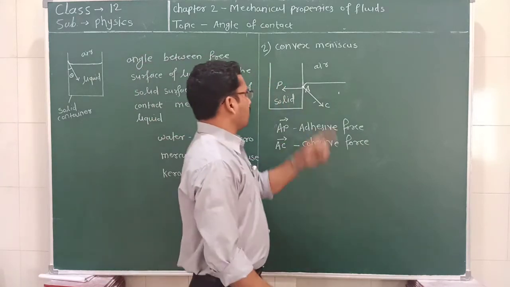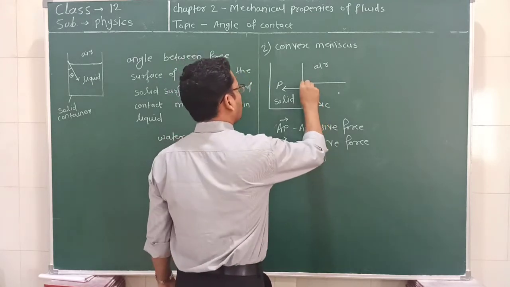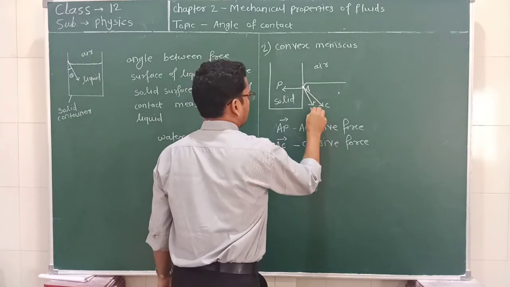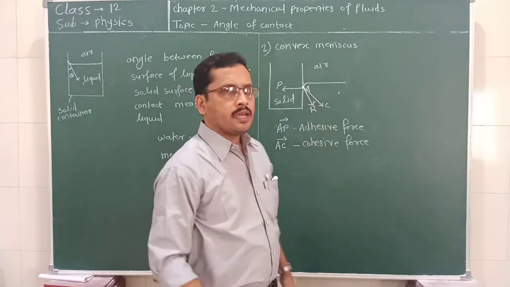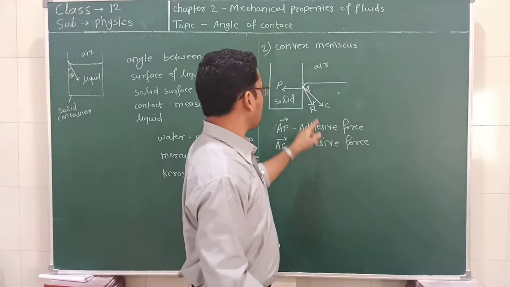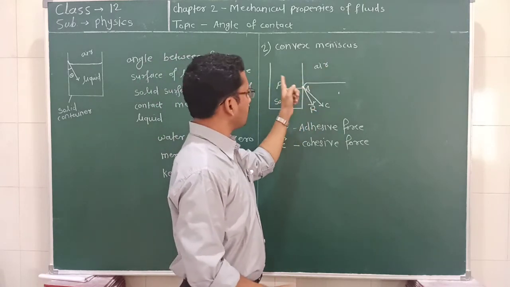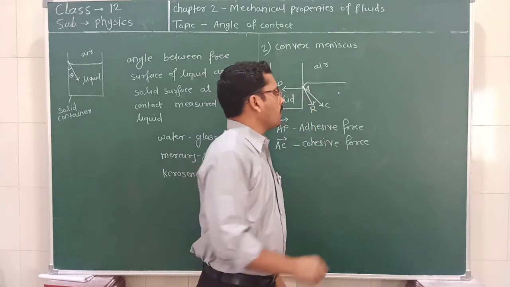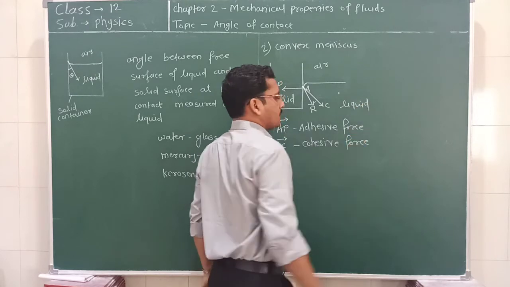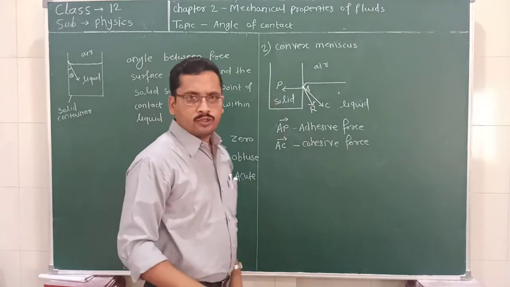Now the resultant of these two forces lies within the liquid. Why? In the concave meniscus, we see that this resultant lies inside the solid, but in the case of convex meniscus, we see that this resultant lies inside the liquid. The reason is that in this case the cohesive forces are more dominant than the adhesive forces.